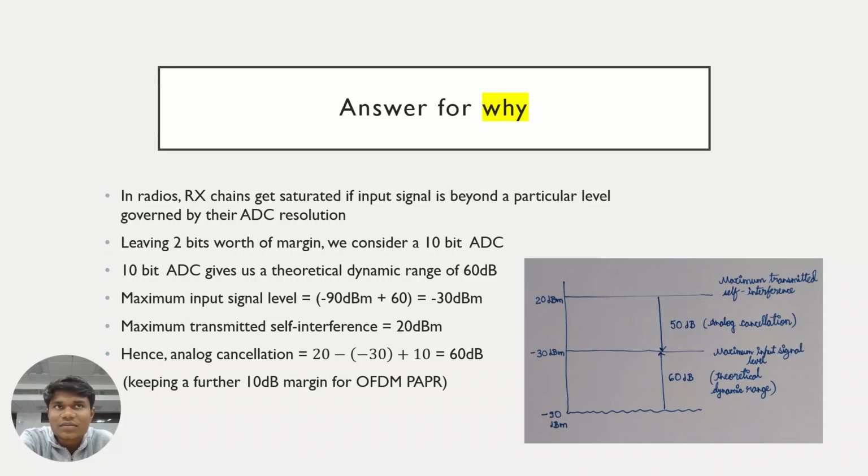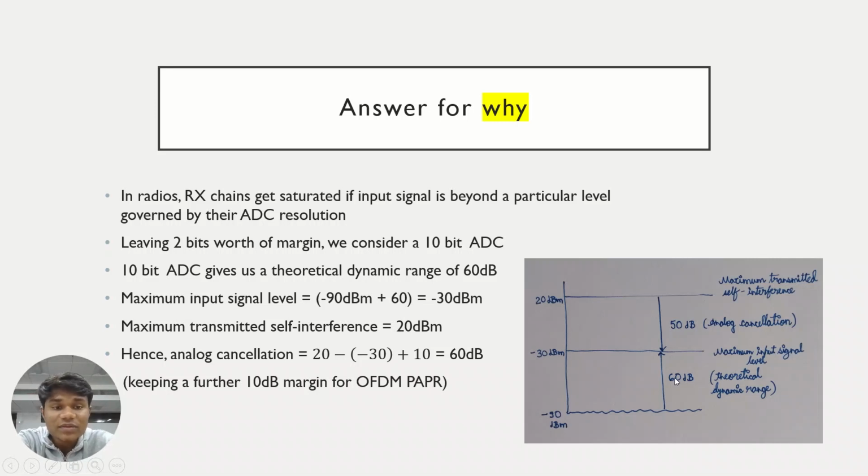There's a formula to calculate this theoretical dynamic range. I'm not mentioning that here because it's not that important except for the value. So the maximum input signal is minus 90 plus 60, that is minus 30 dB.